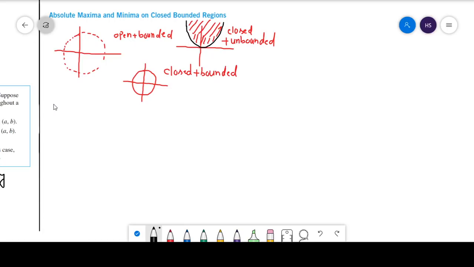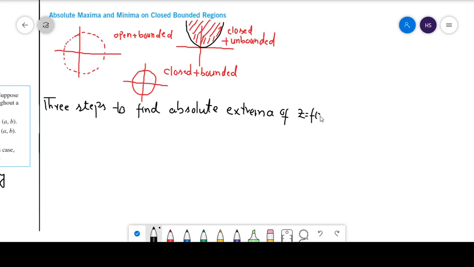So if you need to check the absolute extrema, these are the three easy steps to find absolute extrema. Let R be the closed bounded region.